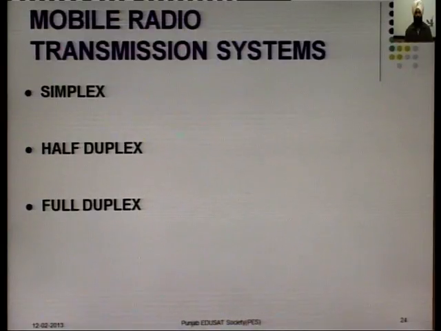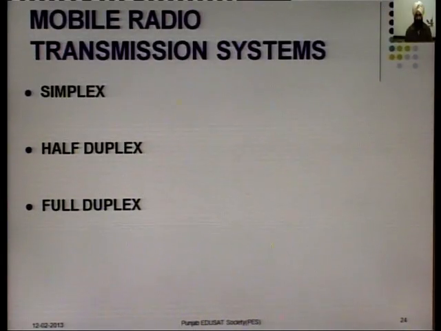The mobile radio transmission systems are of three kinds. They are simplex, half-duplex and full-duplex. The simplex system is like radio transmission, where only the transmitter transmits and all receivers receive the message. That kind of transmission is a simplex system.